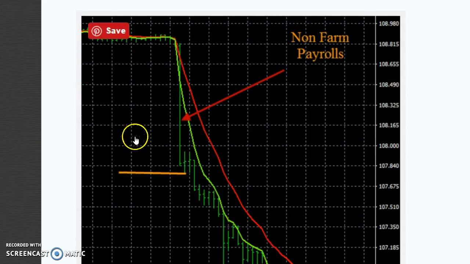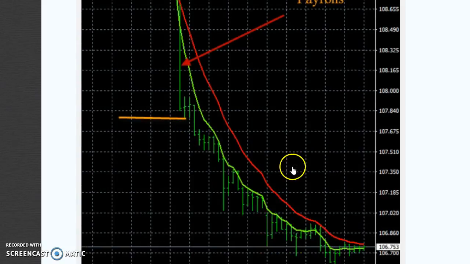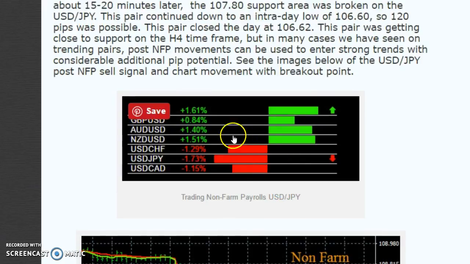So you go over to the USD yen chart, and after the initial spike, the pair is going to set up some short-term support. The Euro USD will set up some short-term resistance. As soon as it breaks through that short-term level, 107.75 there, you can see your pricing over here, that's your entry point, and you're fully confirmed with the US dollar weakness.